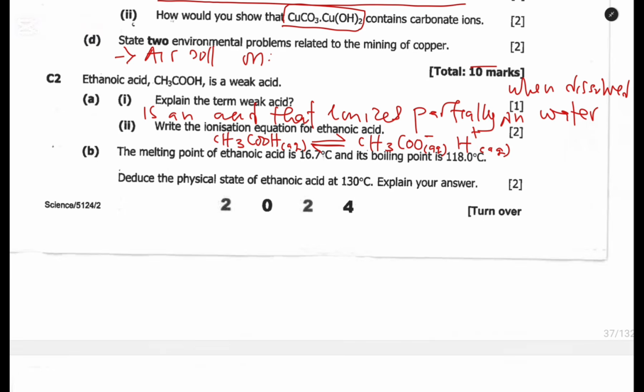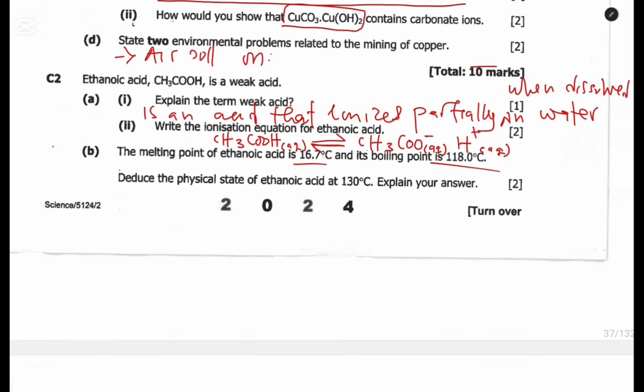So for question B, the melting point of ethanoic acid is 16.7 degrees Celsius and its boiling point is 118 degrees Celsius.